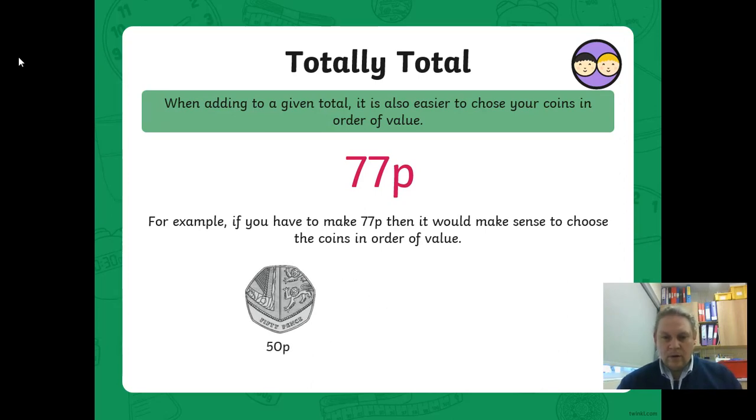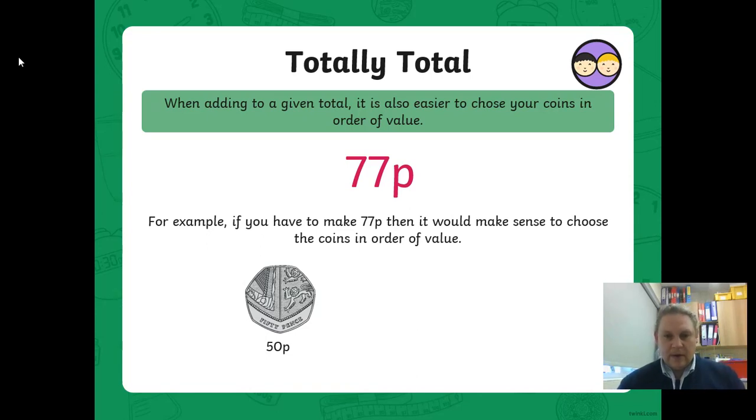When we're talking about the order of value, we've got certain coins that we can choose from. Under a pound, we've got 1p, 2p, 5p, 10p, 20p, 50p. They're the coins we've got to make up 77p out of. Our biggest of those coins is the 50p, so we start with that.